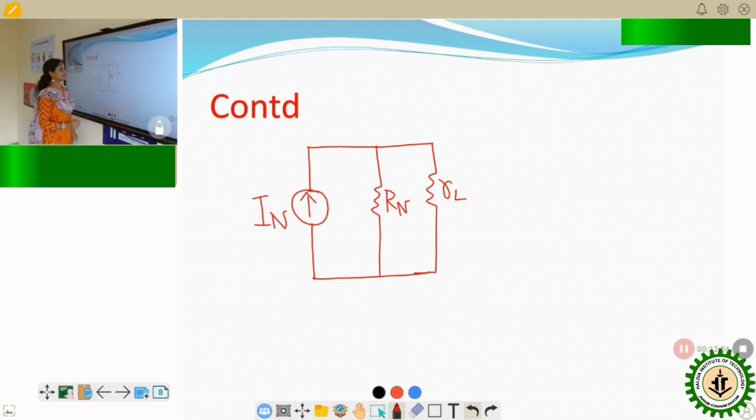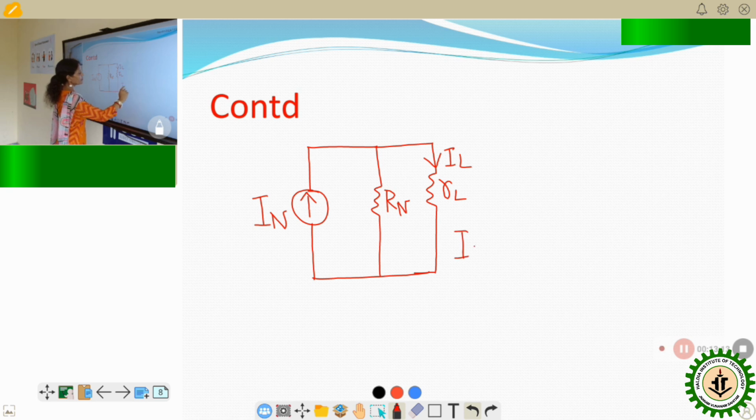After drawing it, calculate the current through the load. What will be the current flowing through the load resistor? Here also the current divider rule is applicable.